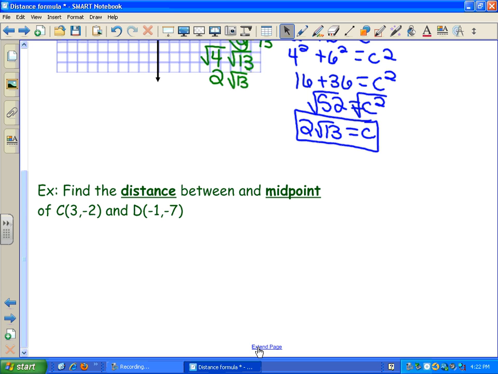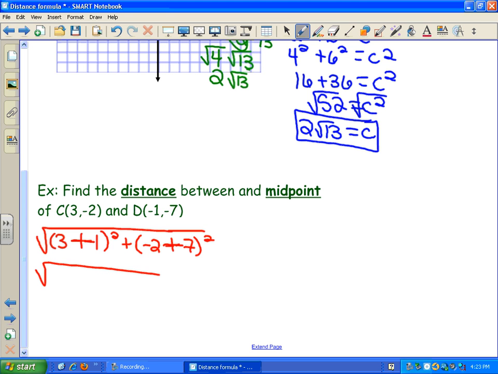So you're finding the midpoint between C, or the distance between C and D to start with. So to do the distance, I'm going to take 3 minus a negative 1 squared plus negative 2 minus a negative 7 squared. A negative and a negative would be a plus. So it's going to be the square root.